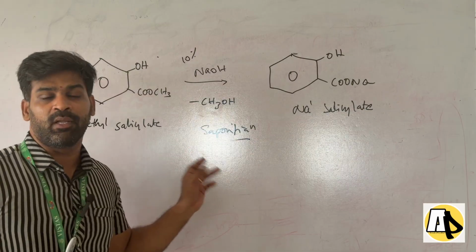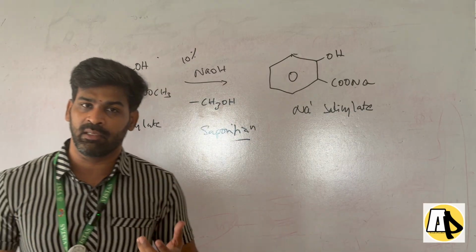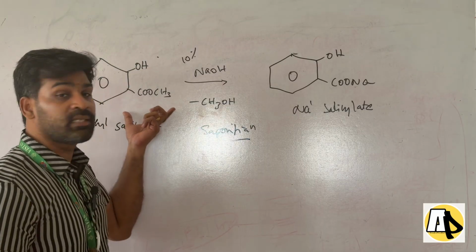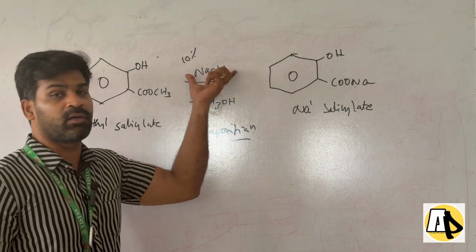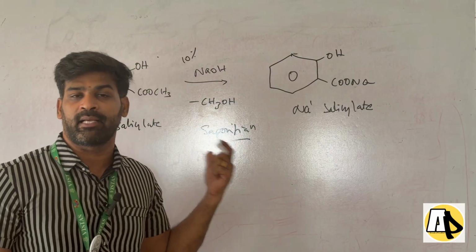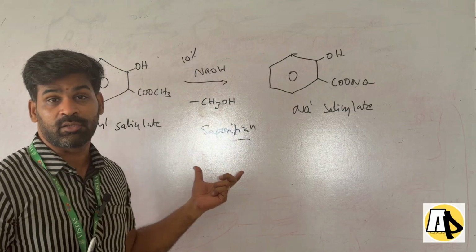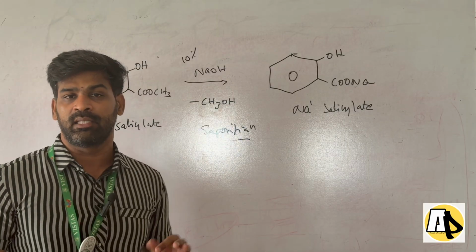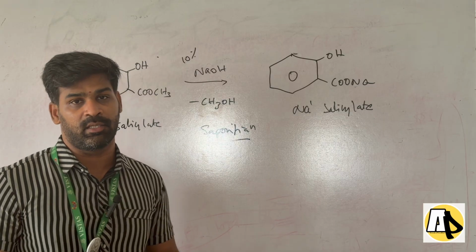There is the saponification reaction. You might have seen it with the saponification of fatty acids. When esters are reacted with sodium hydroxide or potassium hydroxide, the process is called saponification. You will study this in third semester organic chemistry, third unit.